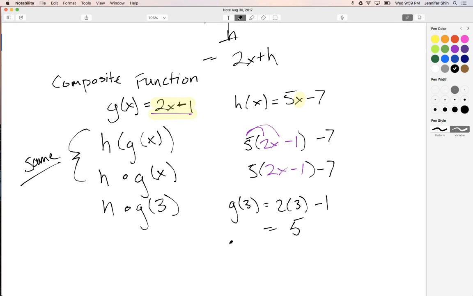This becomes 5. And then I evaluate h at 5. Then I take my output of g and it becomes my input of h. 25 minus 7. Okay, so this is called composite functions. That was a quick review. If you want to look up more on composite functions, those are your keywords.